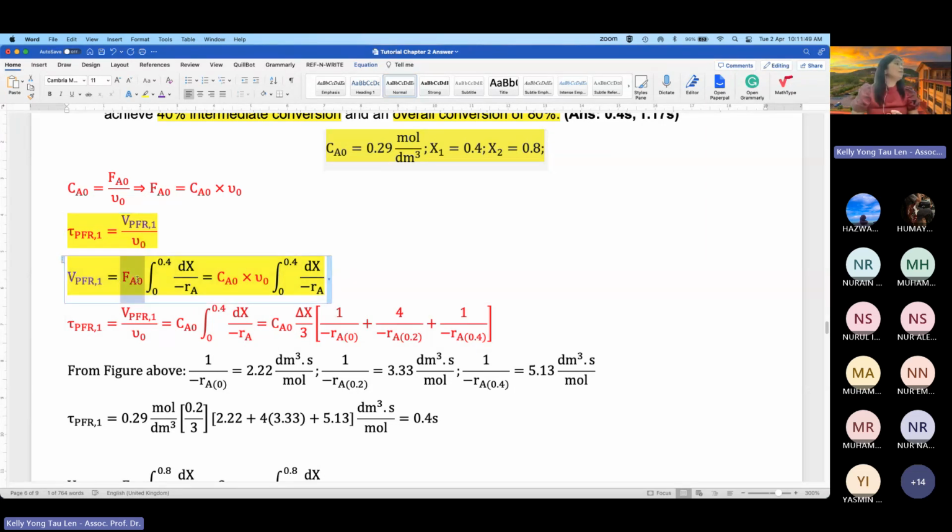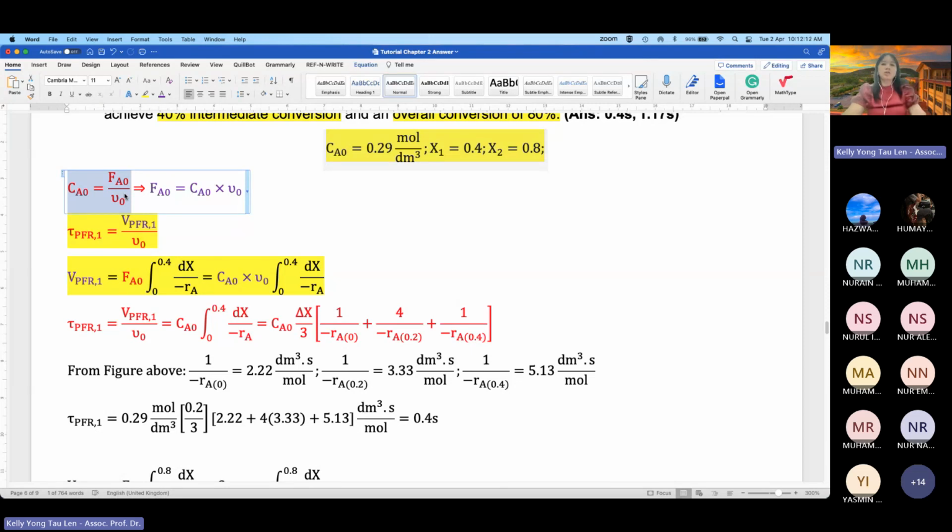Tetapi you remember FA naught kan sama dengan CA naught multiply with epsilon naught. Kamu remember right? FA naught correlation dia. FA naught kan sama dengan CA naught multiply with epsilon naught. This is the correlation that you learn in chapter 1. Okay, again kalau kamu tak ingat, kamu pernah belajar chapter 1.